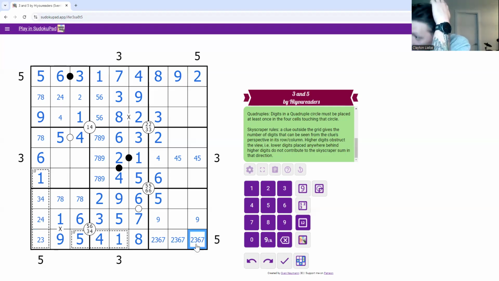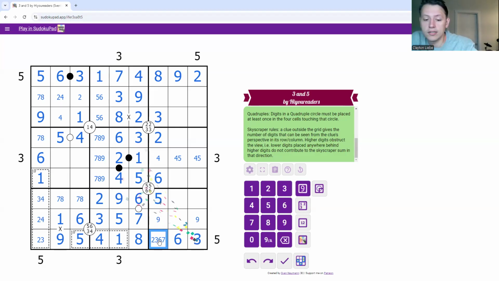If this can't be a 2, it needs to be the next smallest digit. So 3, 6, 7, 3 in the corner, 2, 3, 4. So we see 3, 6, 7, 8, and 9. Over here, we see 2, 4, 6, and 9. So it doesn't matter what the digits are. We're going to satisfy that just fine.